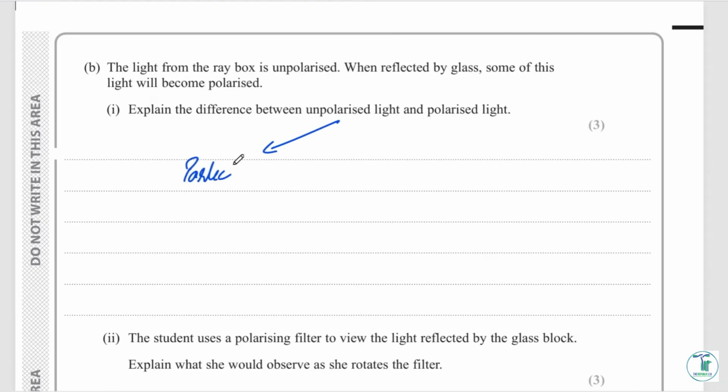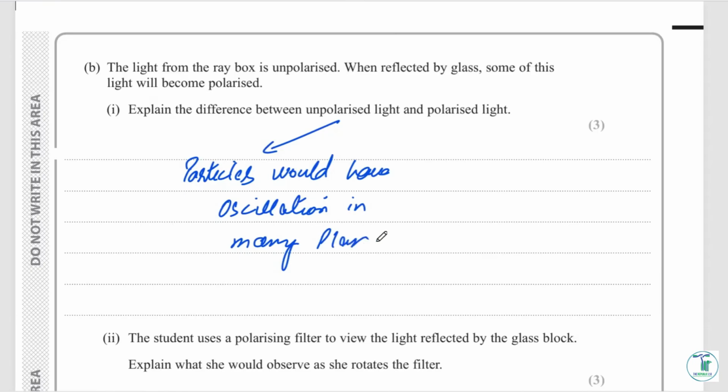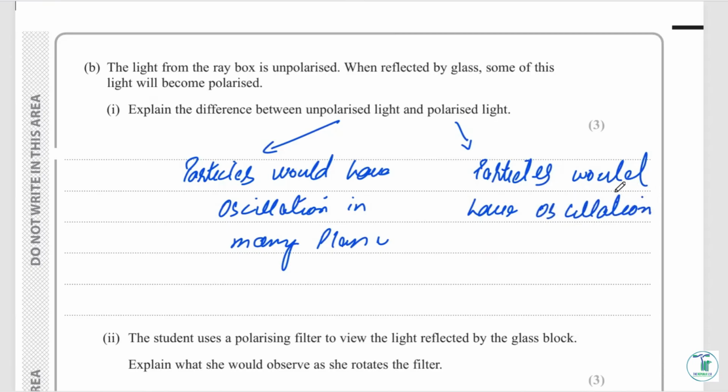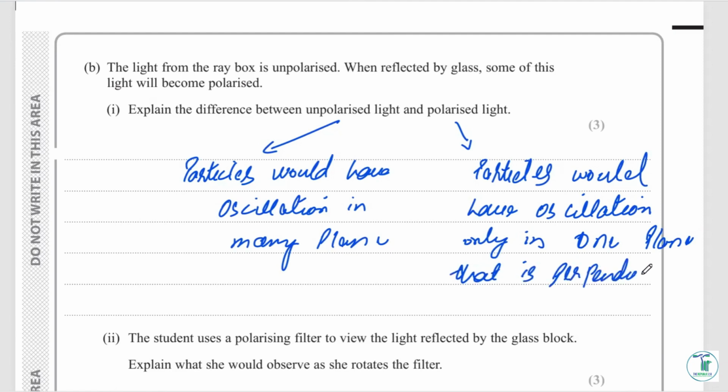Whenever you're talking about polarized light, remember that the particles or the photons of such light would have oscillation only in one single plane, that is perpendicular to the direction of light, right? Whatever direction the light is going.